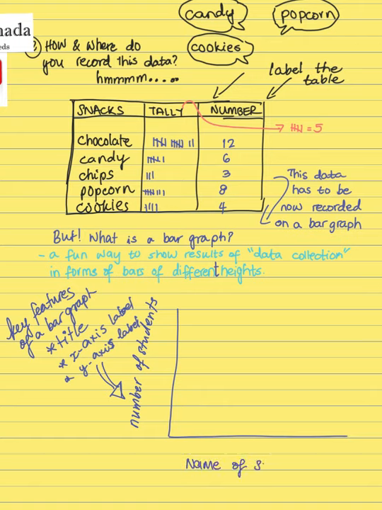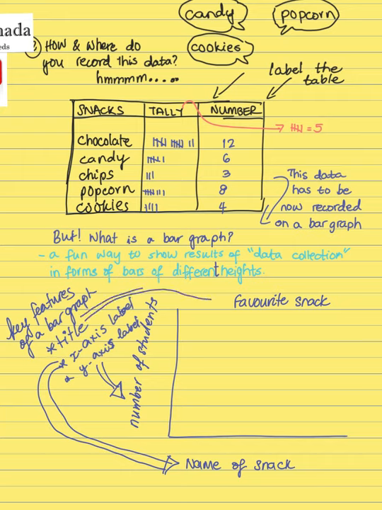And your x-axis, which is going from left to right, has the names of the snacks that you asked the students what their favorite snack was. And there goes the title as well. So make sure that your x-axis, your y-axis, and your title are on the bar graph, because if they aren't, then your bar graph is not going to look like a bar graph. It would just be incomplete.